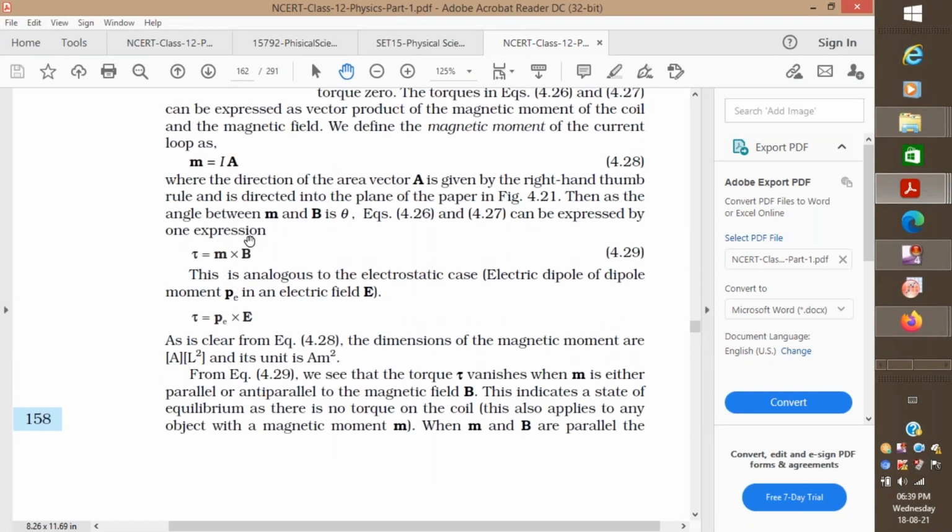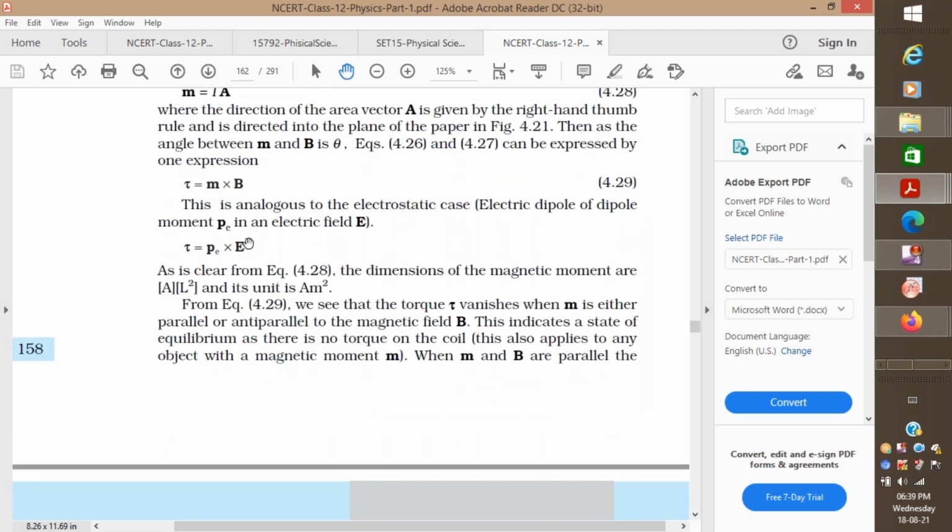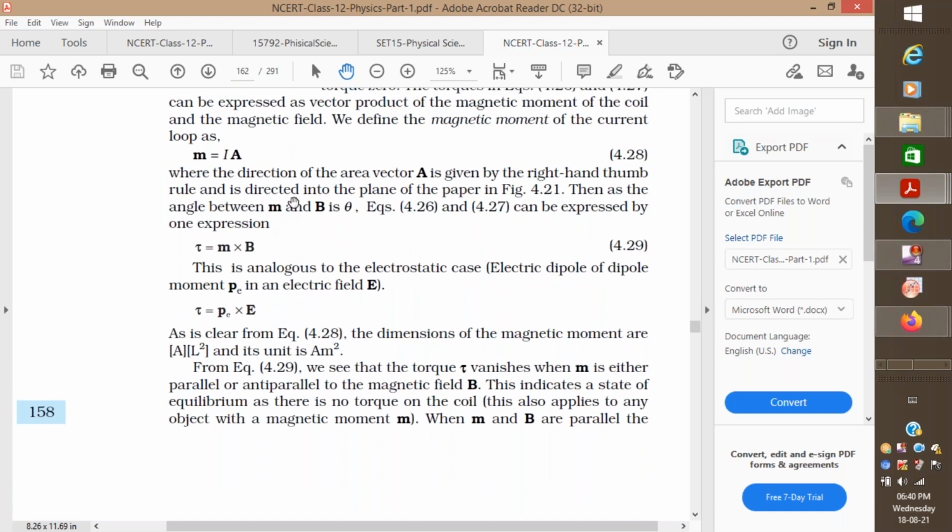Actually if you look here, this is tau, this is the torque M cross B. The similar expression we have seen in the first chapter, when you keep an electric dipole in a uniform electric field, that electric dipole will experience a torque which can be expressed as Pe cross capital E. Pe is the dipole moment for electric, like electric dipole moment, and this is the uniform electric field.